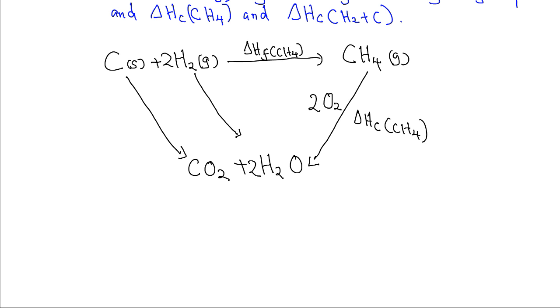This other side, oxygen should be 2 plus 2, which is 4. So we generally have 2 moles of oxygen gas, and this is delta H1, delta H2, delta H3.